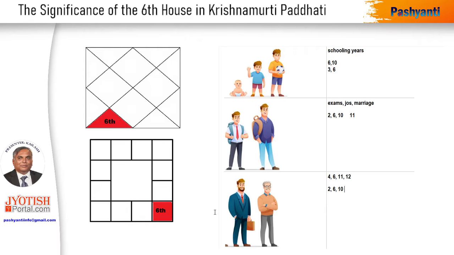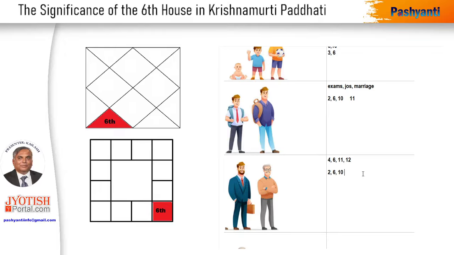This is a very happening period in a person's life where the role of the 2, 6, 10 is definitely required, both when the person is trying to seek a job, and when the person has a job and is trying to win some more success in life.